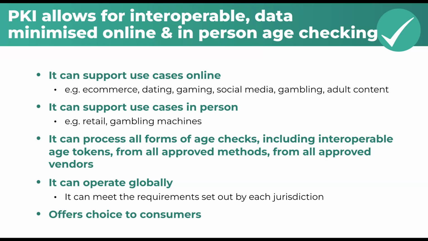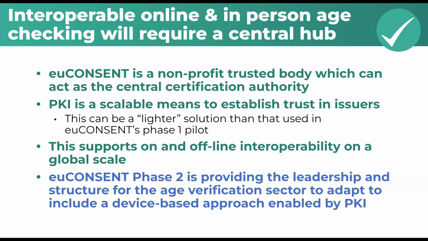It can produce different forms of age checks, including interoperable age tokens that come through different methods approved by the various vendors in the system. You can operate this in a global setting, not just local, and it allows choices for consumers.